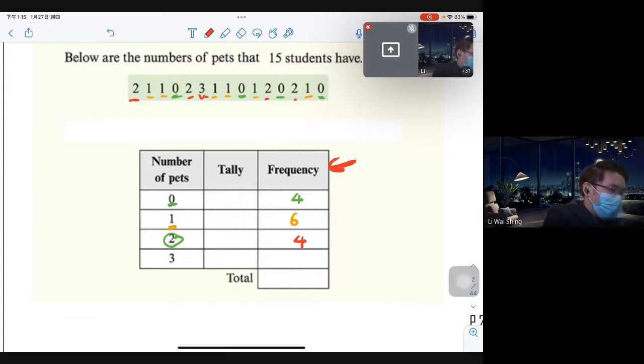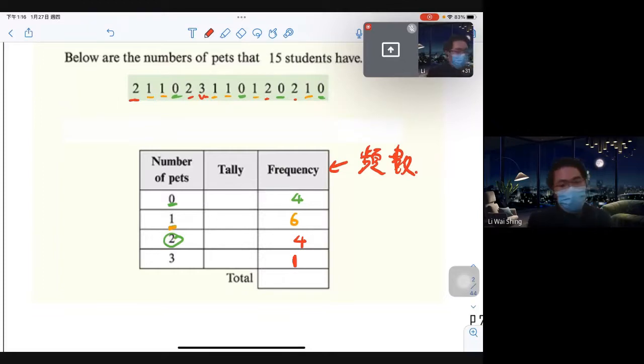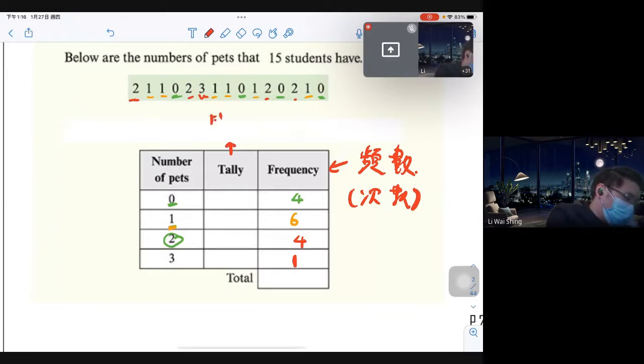At last, 3 appears for 1 time. In Chinese, we call it 頻數, in your wordings, 次數, how many times it appears. And what is Tally? Tally means 算籌.